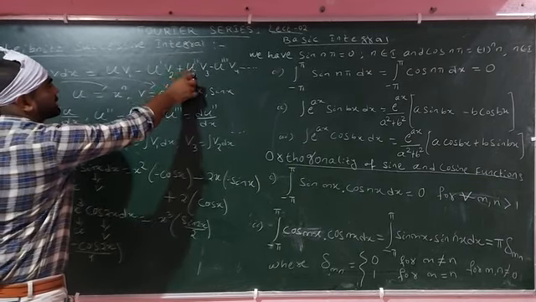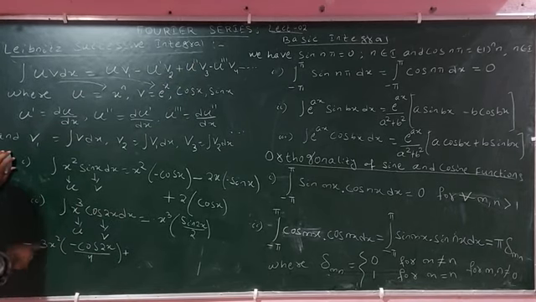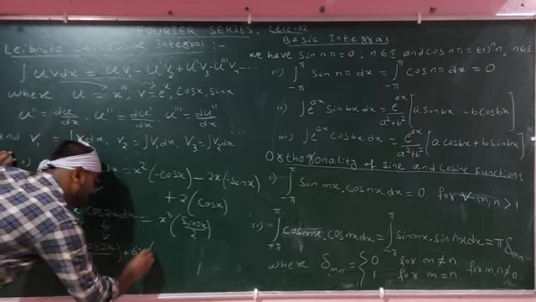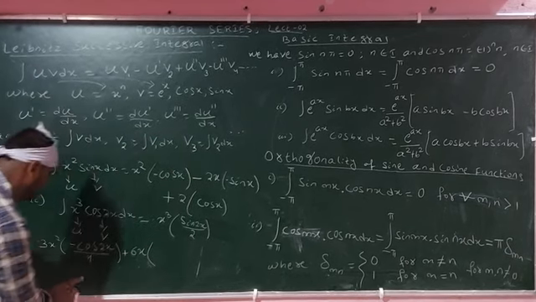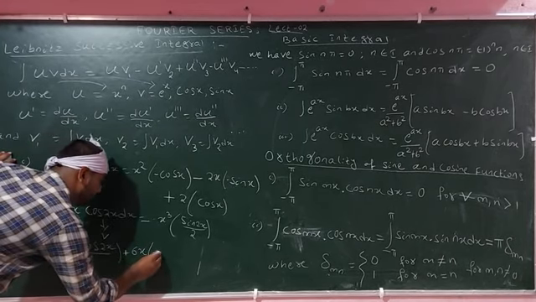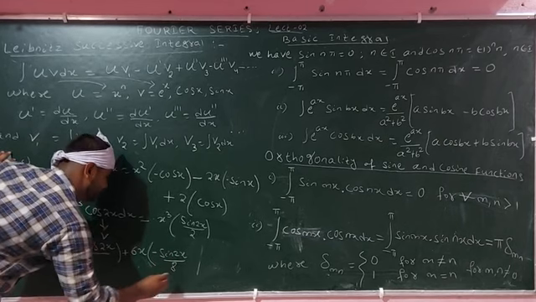Next, plus u'' v3: u'' is the derivative of 3x square, that is 6x, and v3 is the integration of minus cos 2x by 4, that is minus sin 2x divided by 8.